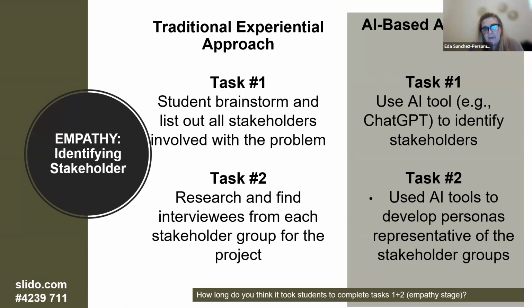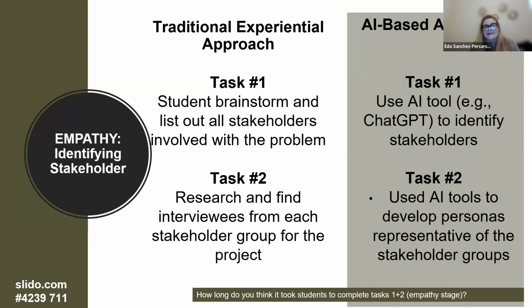So the first step is empathy, which is identifying the stakeholder. So in the traditional approach, students in their groups, they would self-select groups. They would brainstorm and list out all the stakeholders they thought were involved with the problem. And they would have 3 different problems from which they could choose.